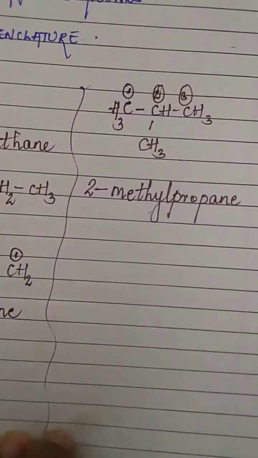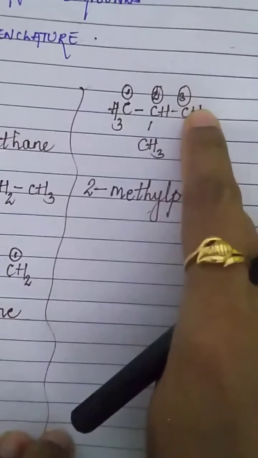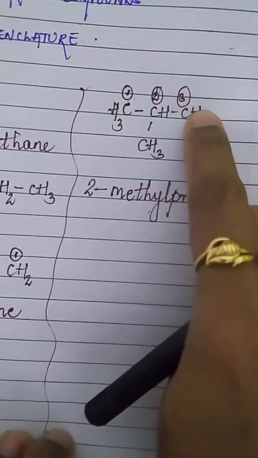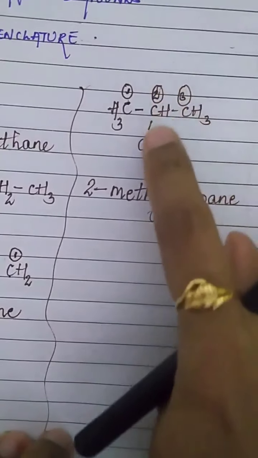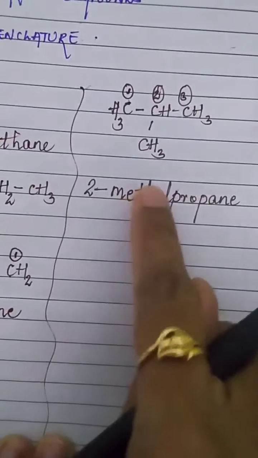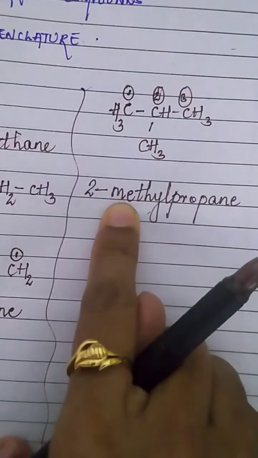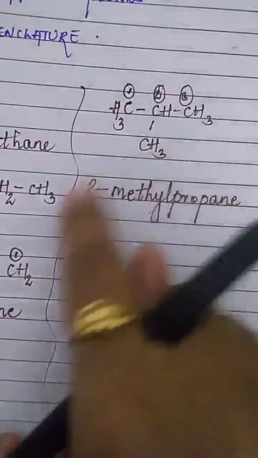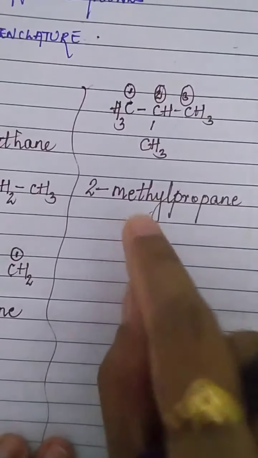I hope you are understanding. First we will select the longest chain. This is the longest chain. And at the second carbon you have a substituent, an attachment, and that attachment is methyl. That will come as a prefix. Again, what all will come as prefix?